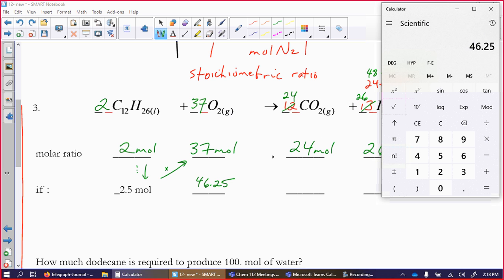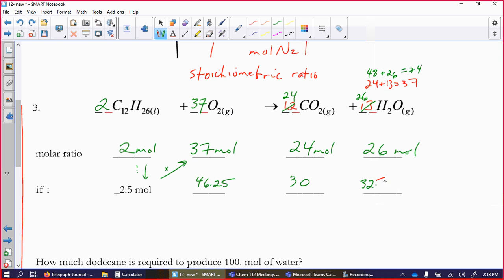And then 26 times 2.5 divided by 2. That was weird. I don't know why that turned red.